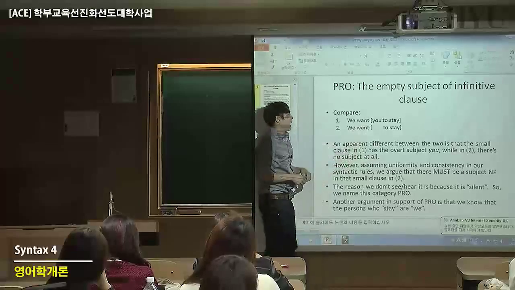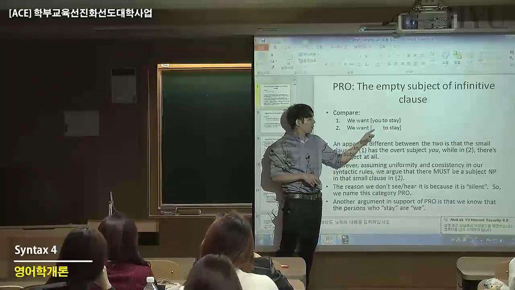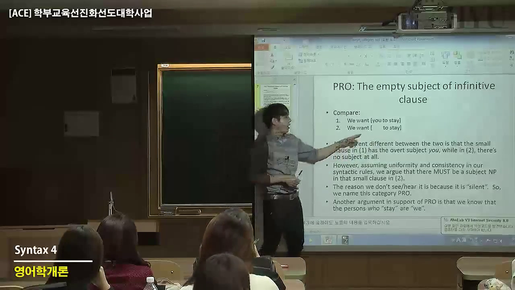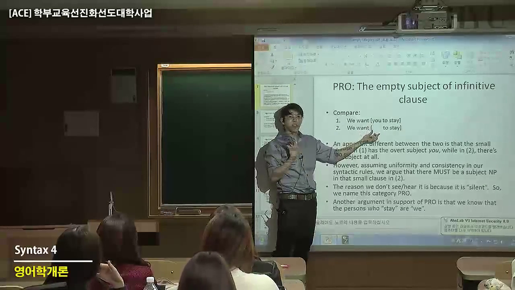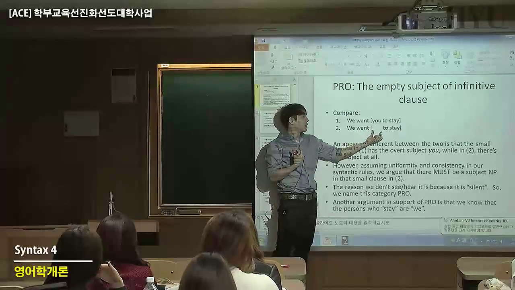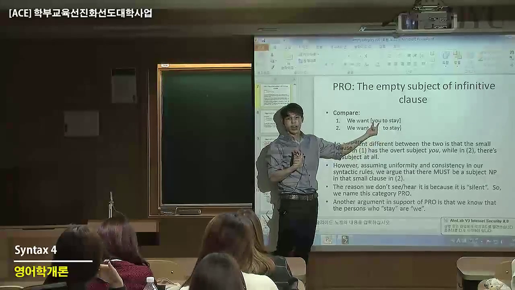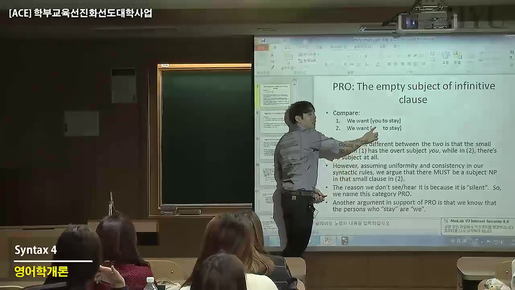Now, in the second one, we want to stay. You don't have the word you here, but we would suppose that there is a pronoun there, even though we don't see it. So we'll call this thing a pro.